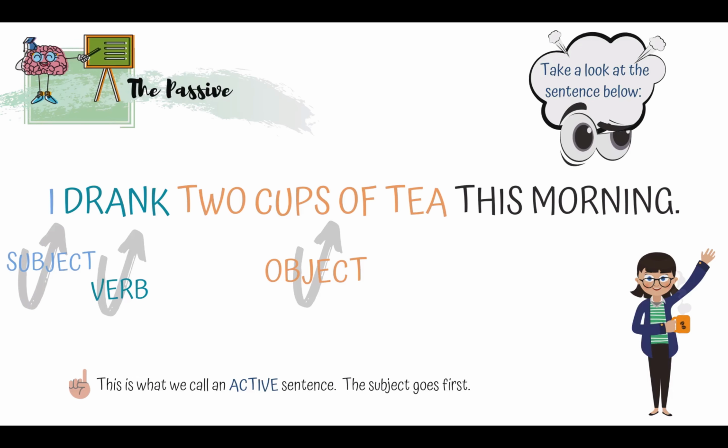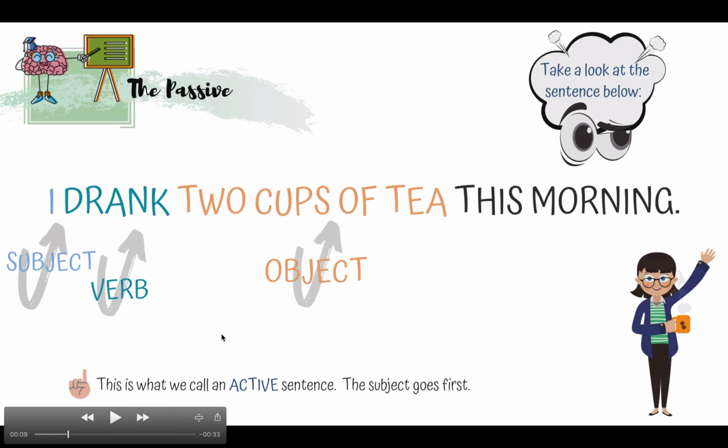Okay, so the idea is in the passive tense, the main focus isn't on who is doing the action, but rather what is being done. So if we want to know the action that is being done, instead of needing to know the person or the thing doing the action, that is when we use the passive voice or the passive.